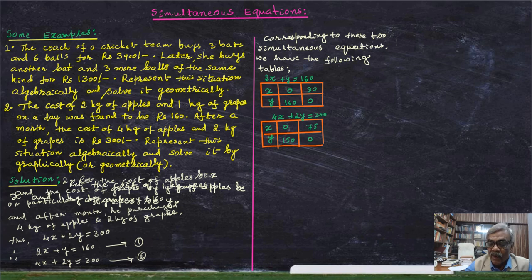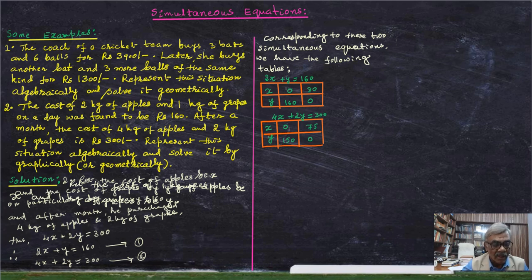For the first equation 2x plus y equal to 160, x is equal to 0, y equal to 160, x is equal to 80, y is equal to 0. For the second equation 4x plus 2y is equal to 300, x is equal to 0, y equal to 150, and x is equal to 75, y is equal to 0.